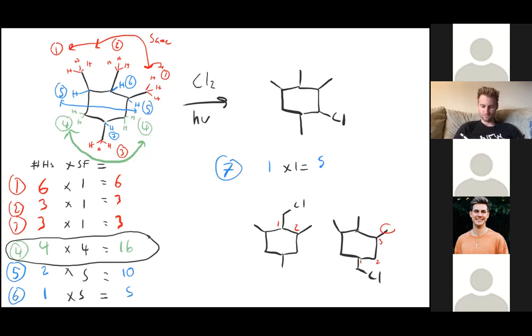These have shifted, and at this point they're just constitutional isomers. Does that make sense? Sometimes drawing out the answers makes it a little more obvious. Another thing, if you get stuck and you're not sure whether something is symmetrical, typically if you draw them out, it's a lot easier to see.